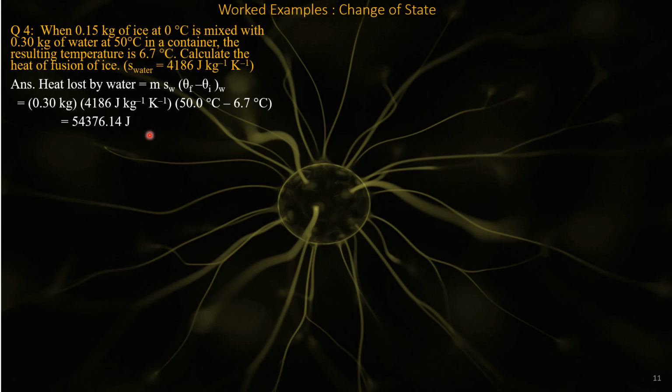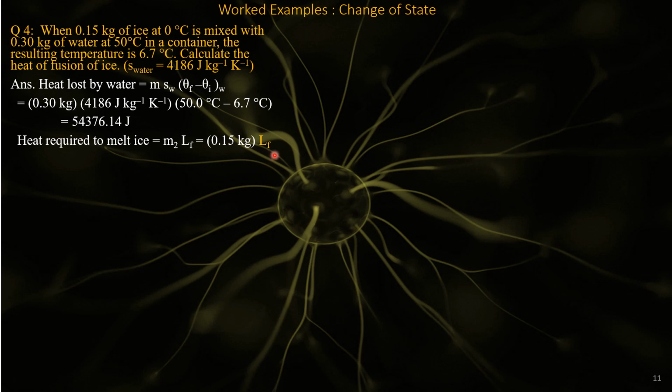Therefore, simplifying, we get heat lost by the water as 54,376.14 joules. So, heat required to melt the ice is given by mass into latent heat of fusion. We are required to find the value of LF. Mass of ice, M2, is given as 0.15 kg. So it is 0.15 kg into LF.